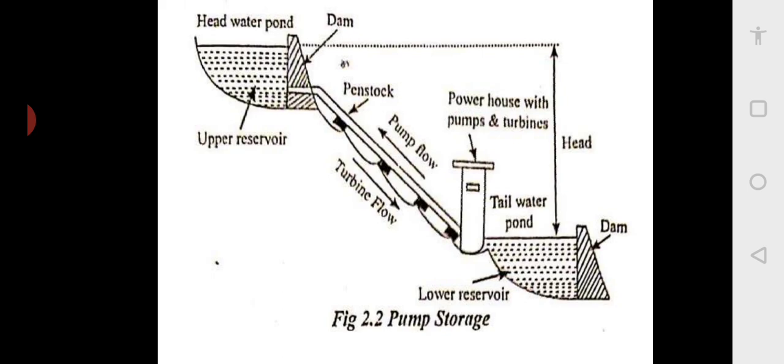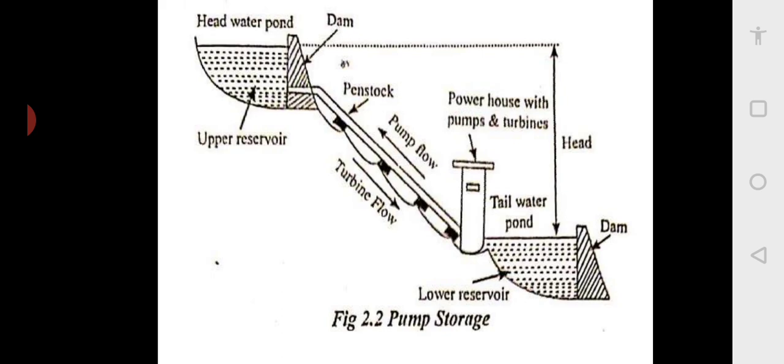In pump storage, when we have extra electricity, how do we store that electricity? From the lower reservoir we pump the water to the upper reservoir. How are you pumping?